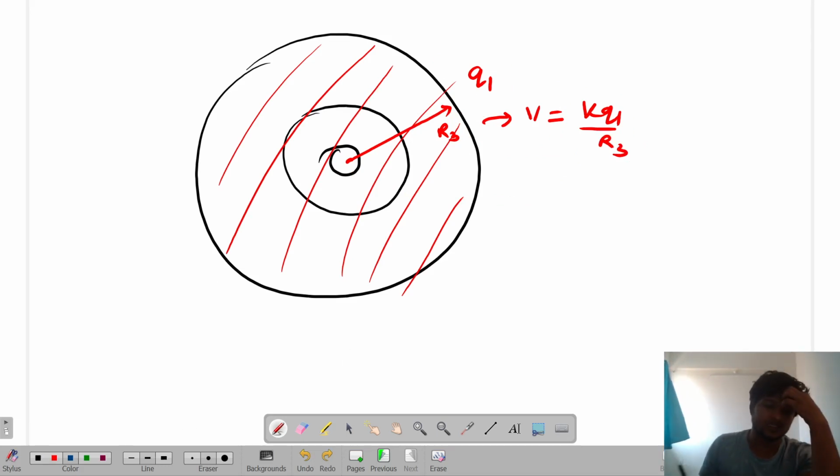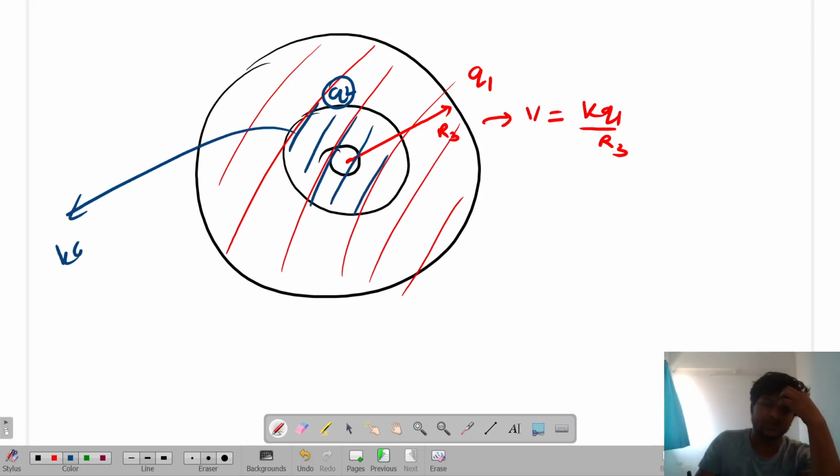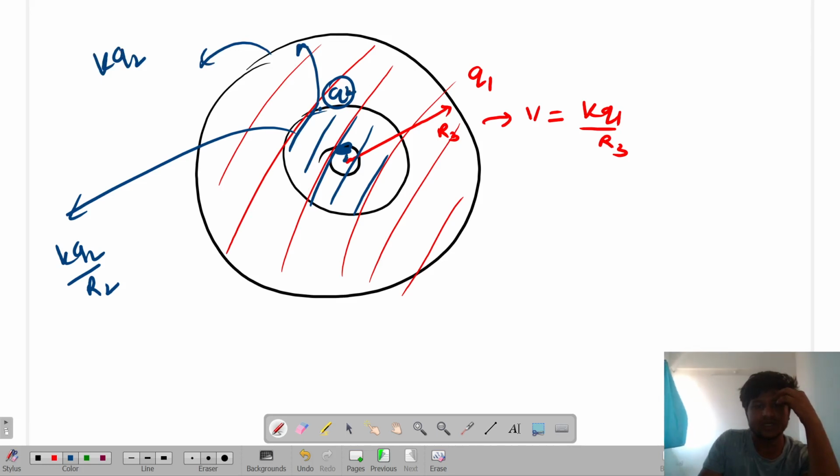Now when I consider charge Q2, the potential KQ2 by R2 is there for this one and till this one. But when I consider this Q2 on the outer one, I'll consider that Q2 is located at the center and I'll write KQ2 by R3. Are you able to get me?